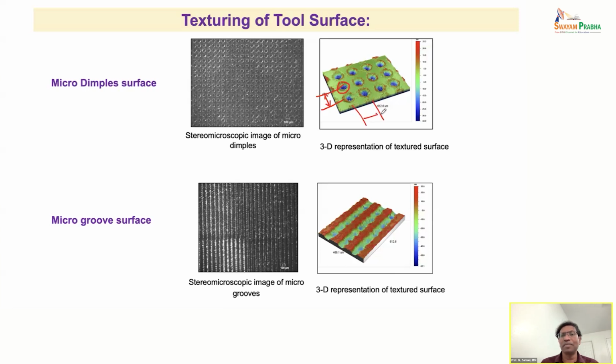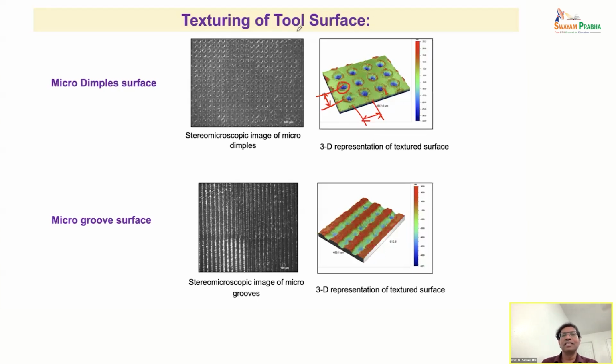All these parameters play an important role, and also the depth, which we are not able to see clearly here. We have conducted several experiments. My scholar, Dr. Niket, has conducted several experiments here, and we tried to characterize and see which is the best one.